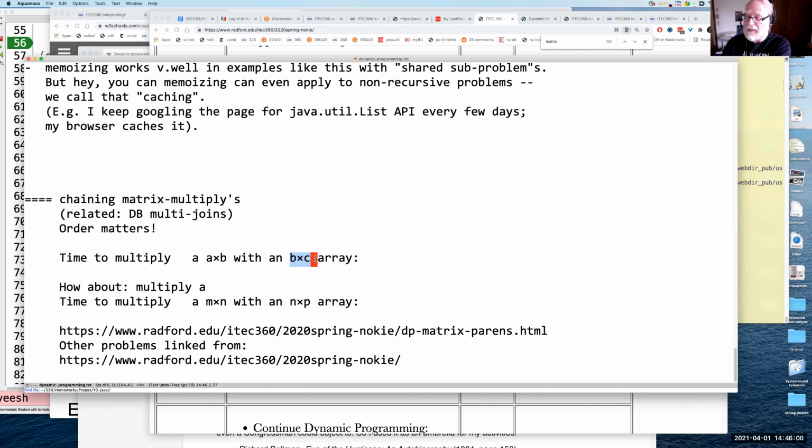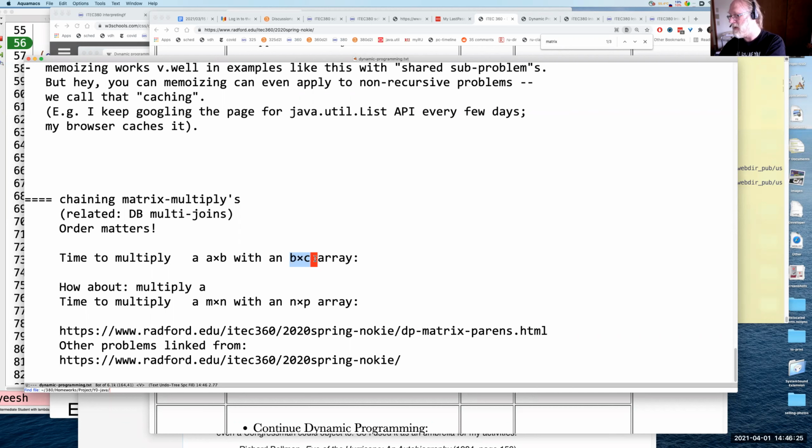My answer, it turns out, is going to be an A by C matrix. It's going to be 3 by 4. So it's going to be A by C, in this case a big matrix.